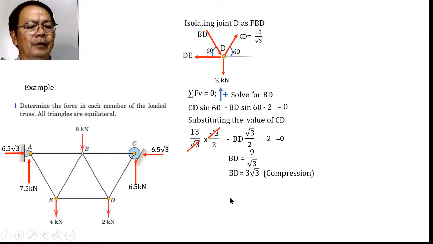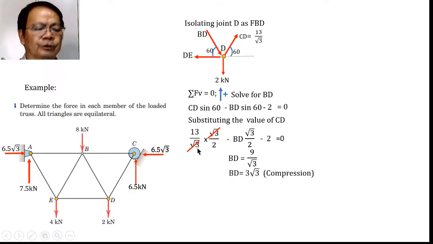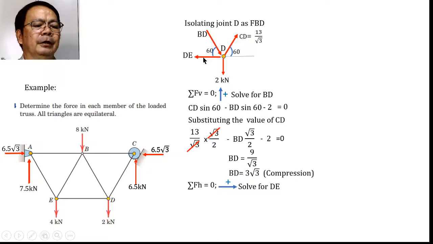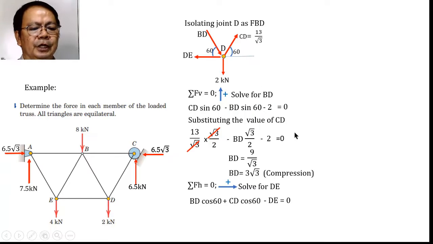Now, from there, we apply summation of force horizontal para masolve naman natin itong DE, itong part na ito. Assume natin that rightward direction is positive. So, what do I have? BD cosine of 60 plus CD cosine of 60 minus DE shall be equal to 0. And so, if we are going to substitute cosine of 60, which is equal to 0.5, ano?